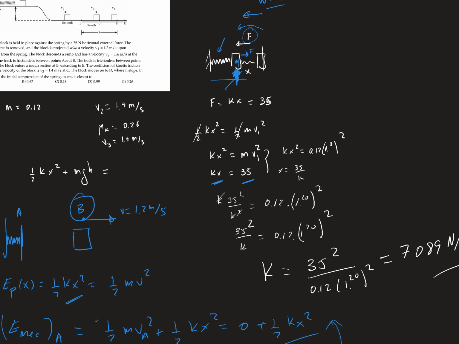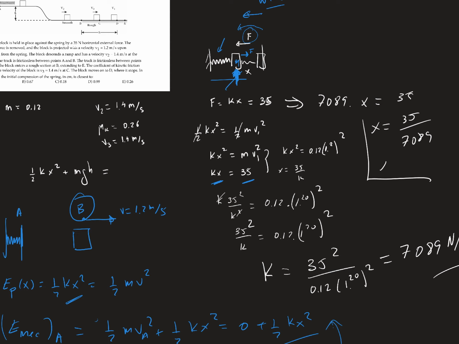So the initial compression will be here. 7,089 times x equals 35. So the x is 35 divided by 7,089.